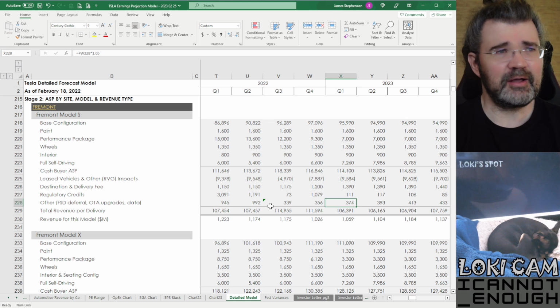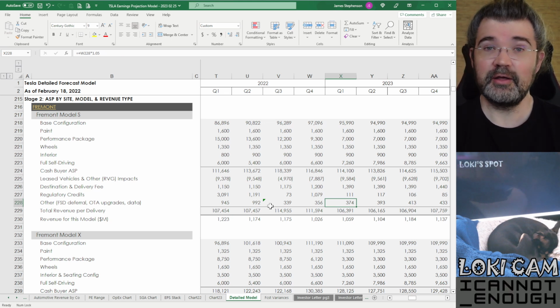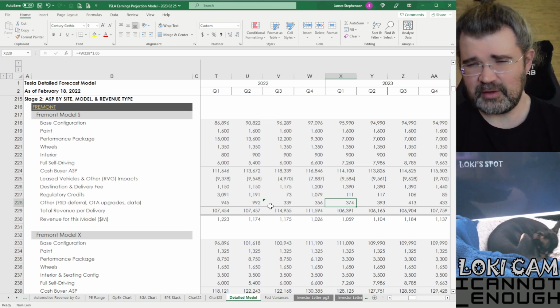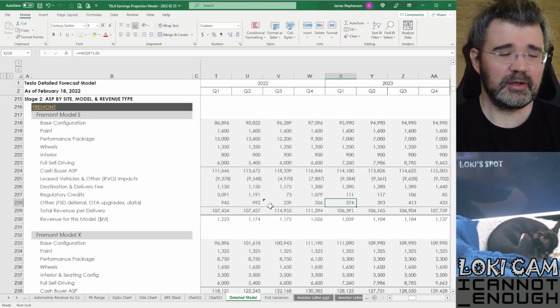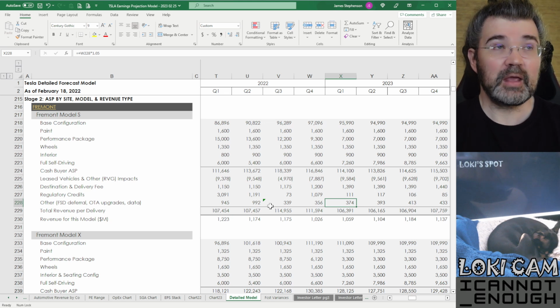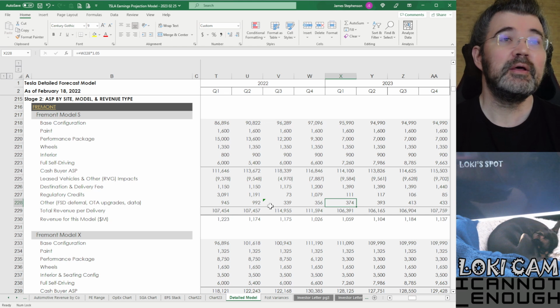And then everything else. So revenue Tesla can declare that had previously been deferred because those FSD features hadn't rolled out to the buyers yet, depending on where they live and which FSD options are available for download in their region.